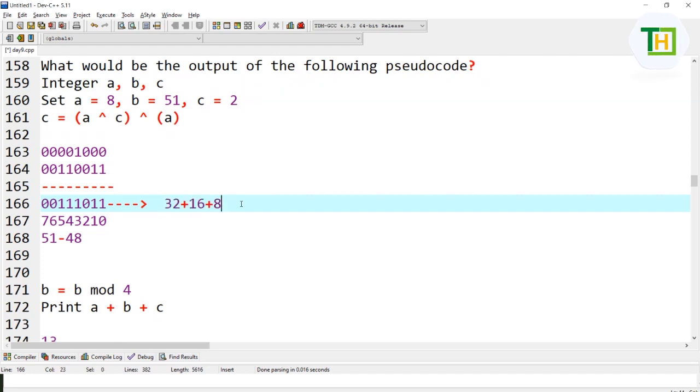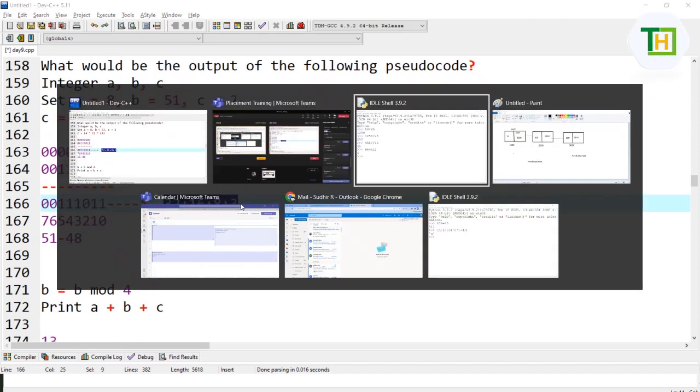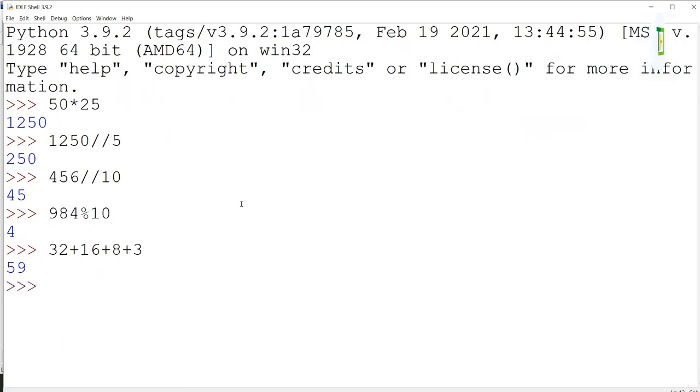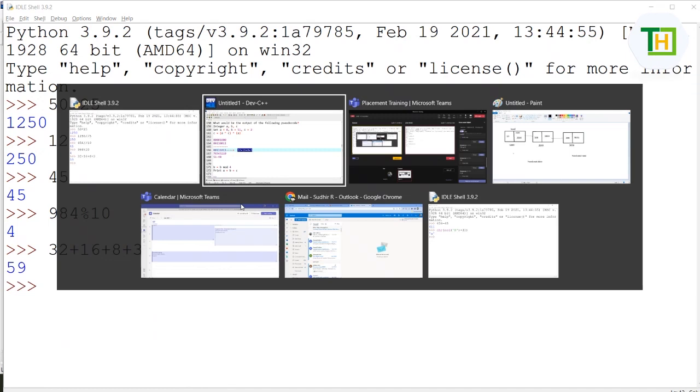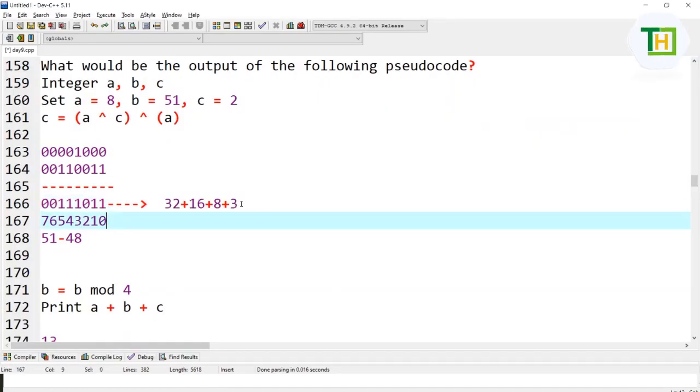For example, here it is going to be plus 3. Clear, everyone? 51 plus 8, that is going to be 59. Just observe here if you have any doubt. Okay, it is going to be 59.